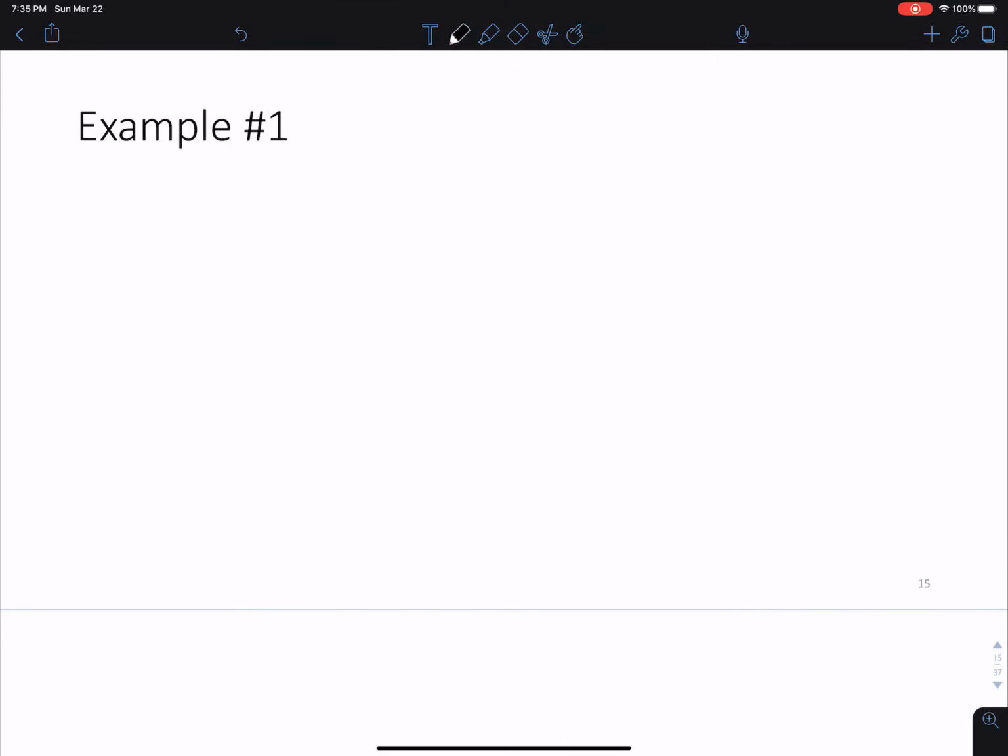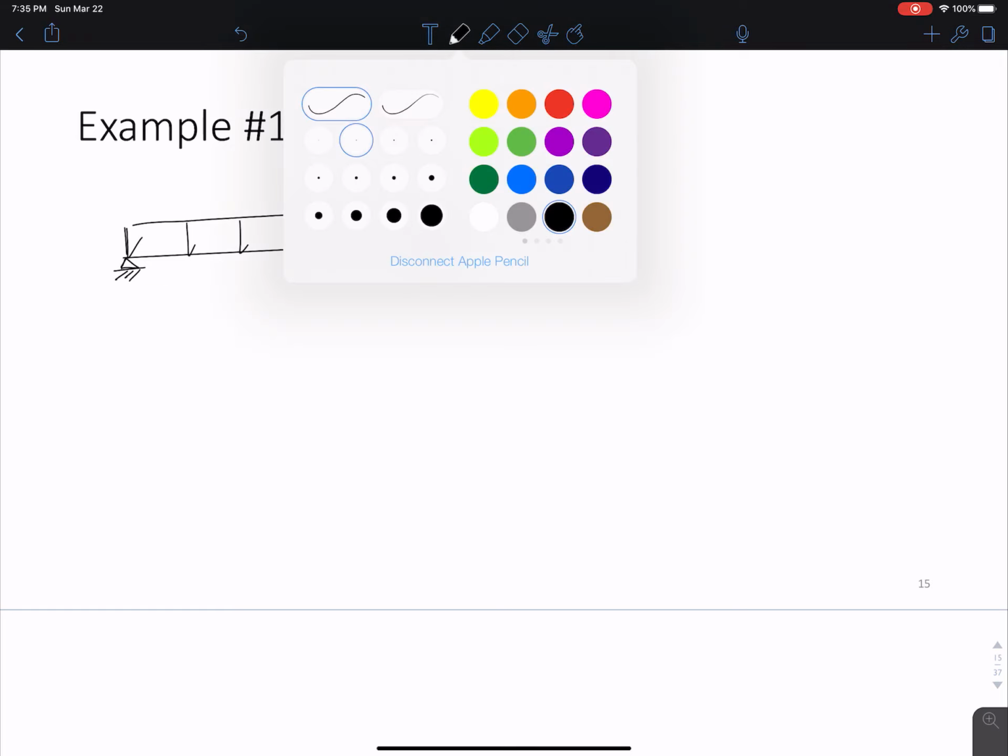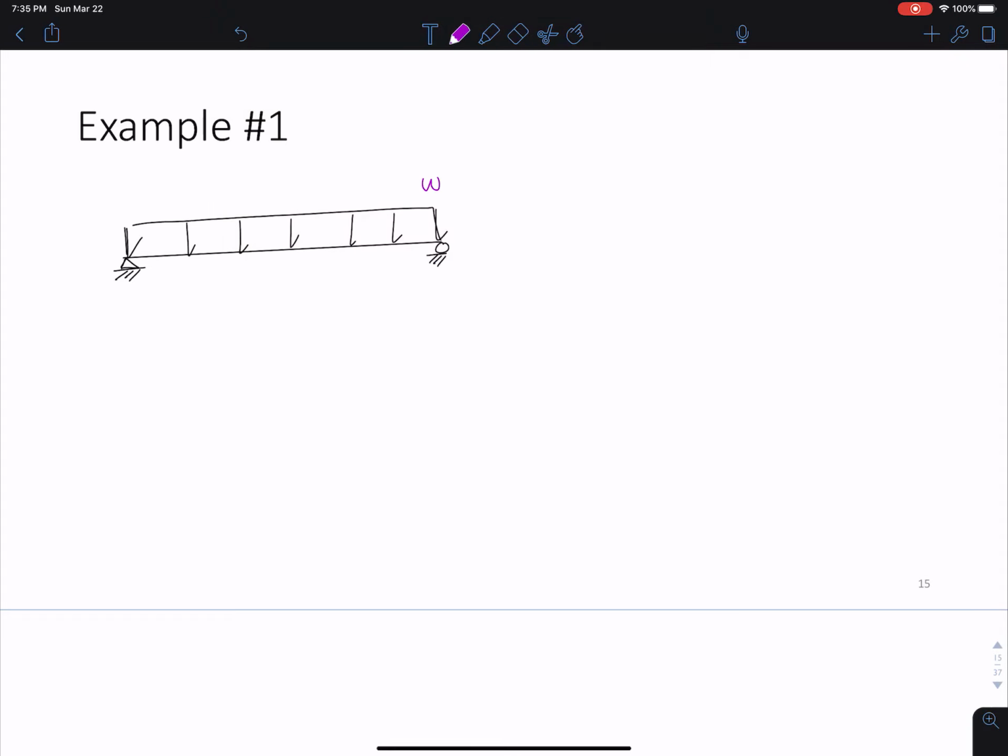So I'm going to draw this beam. Let's give this a w value equal to 200 pounds per foot.